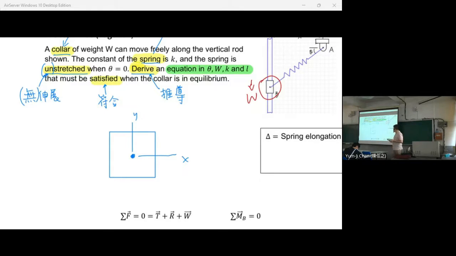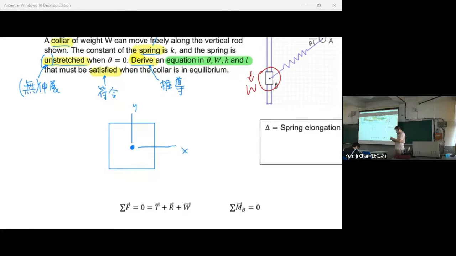Which forces should we draw here? First of all, the collar has weight W, so we have a force W here. And this is point B. Any other forces we need to draw?